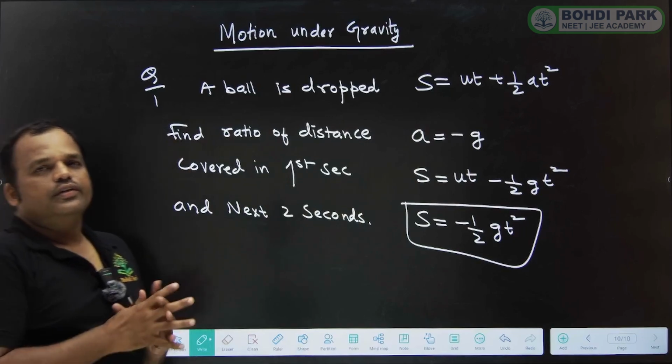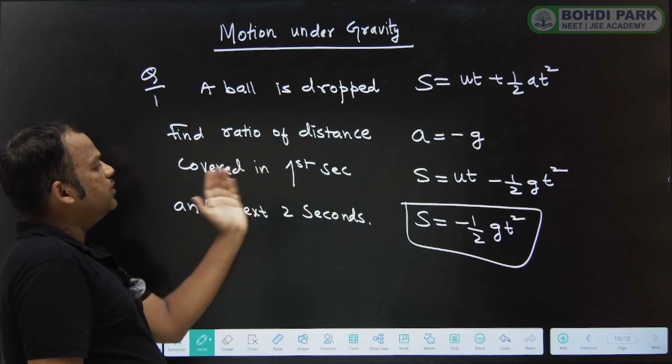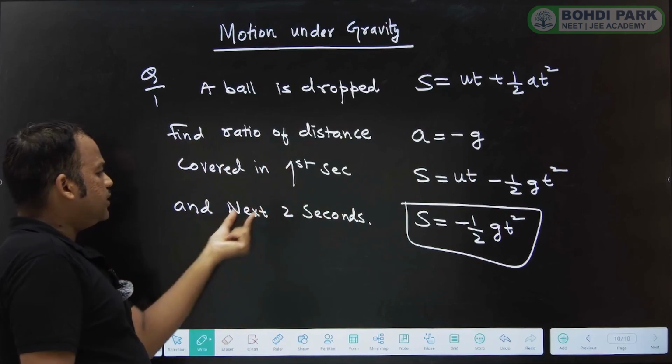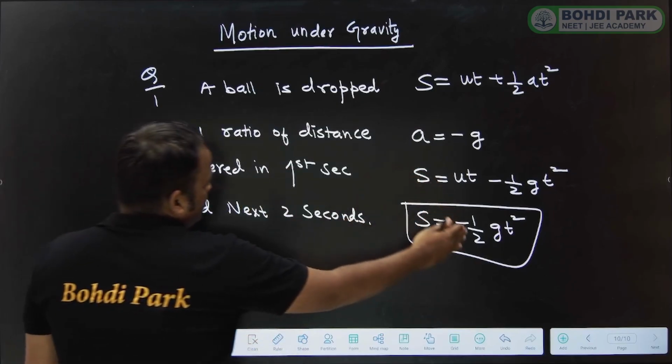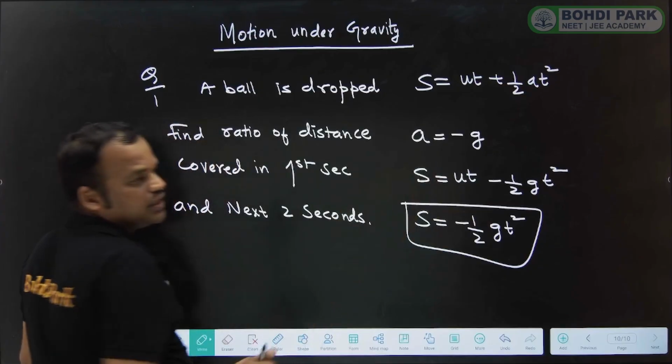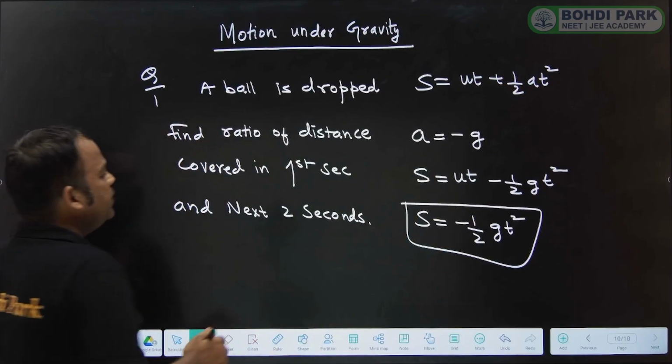What is the ratio of distance covered in first second and next 2 seconds? So how to solve this question using this short trick, S is equal to minus half gt square.